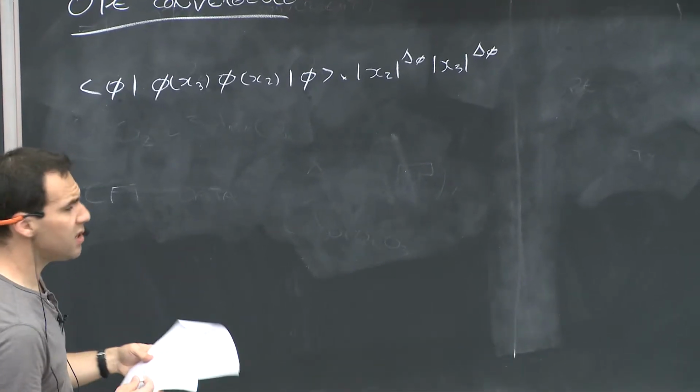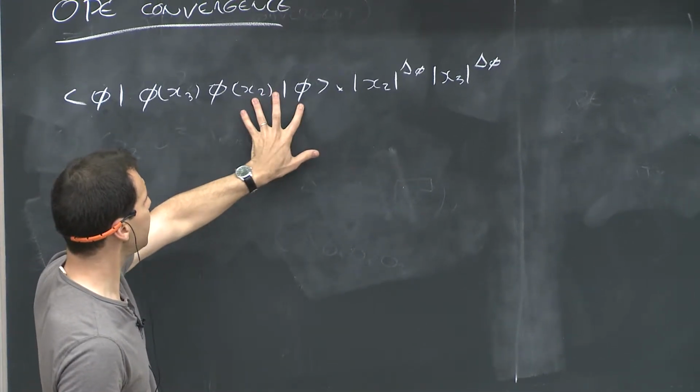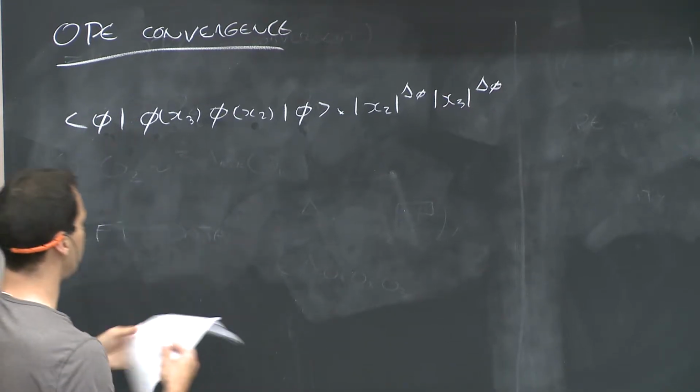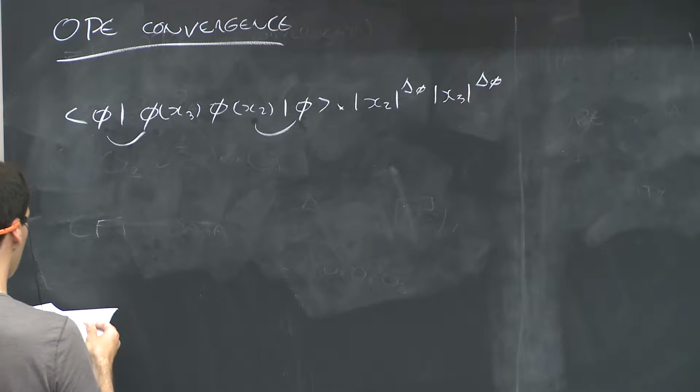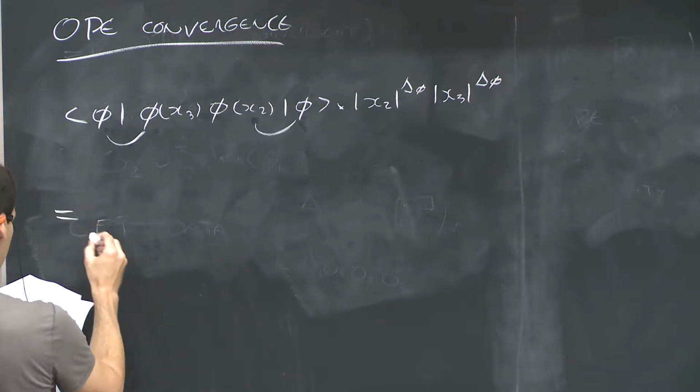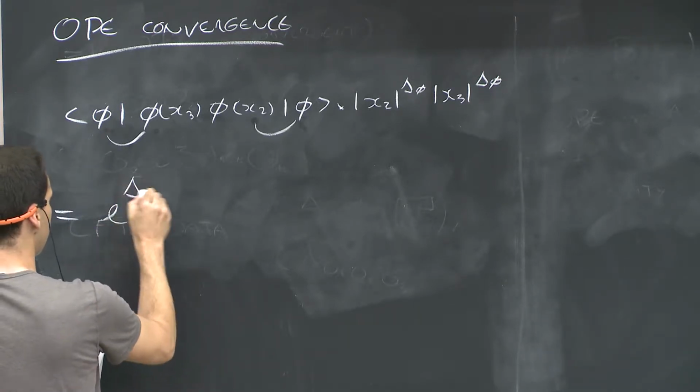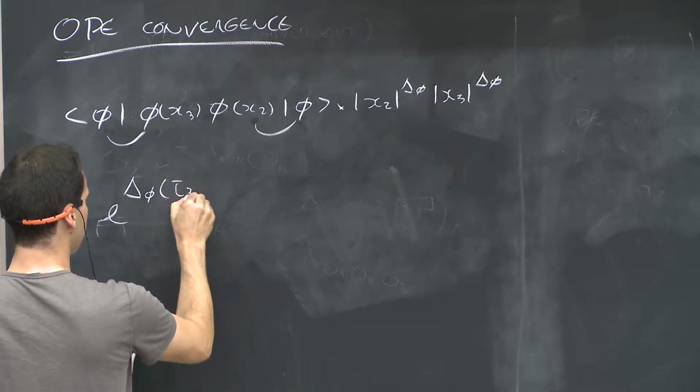Now we're going to use the OPE in this channel, where you fuse this guy with this guy, and this guy with this guy. And so what this is going to give you is the following.